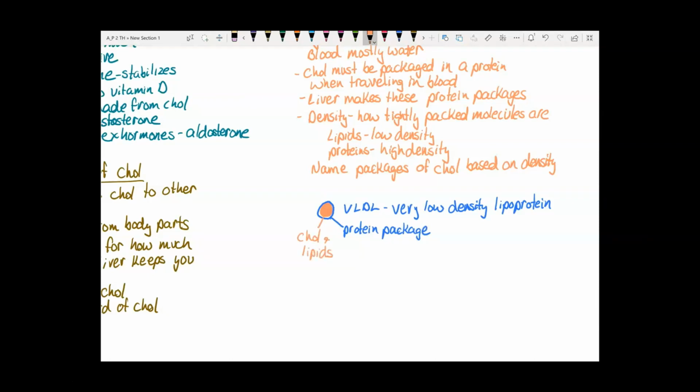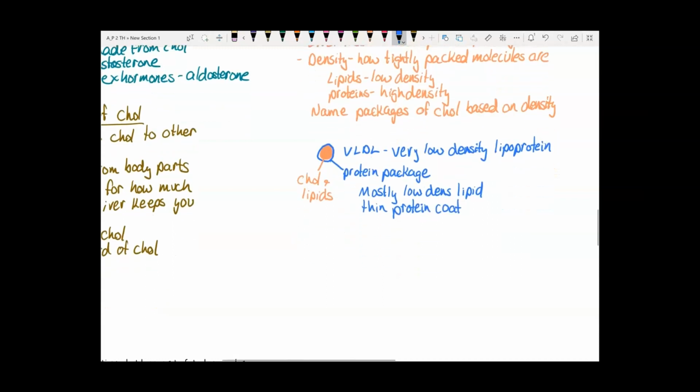They're kind of mixed in there together. So remember, lipids are low density, protein is high density. This VLDL is mostly low density lipid. It only has a thin protein coat. So since it's mostly low density lipid with just a little bit of high density protein, it's classified as a very low density.